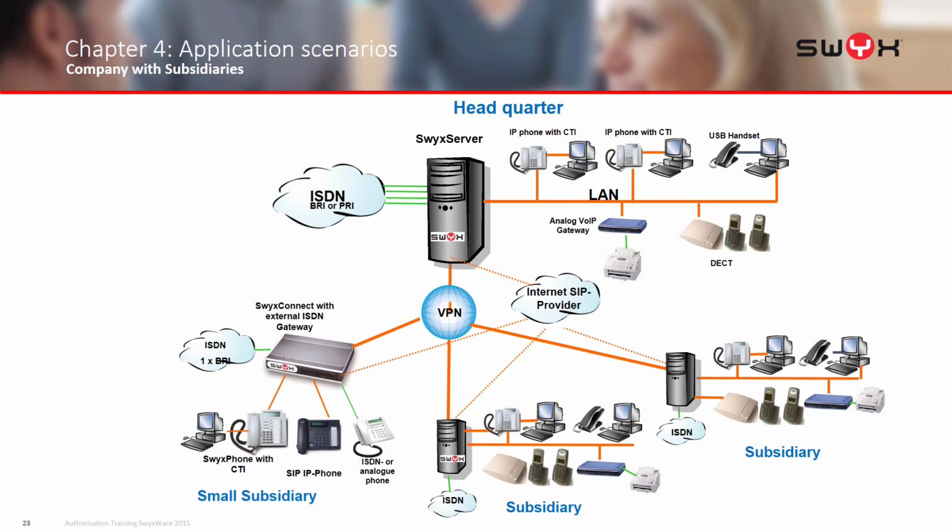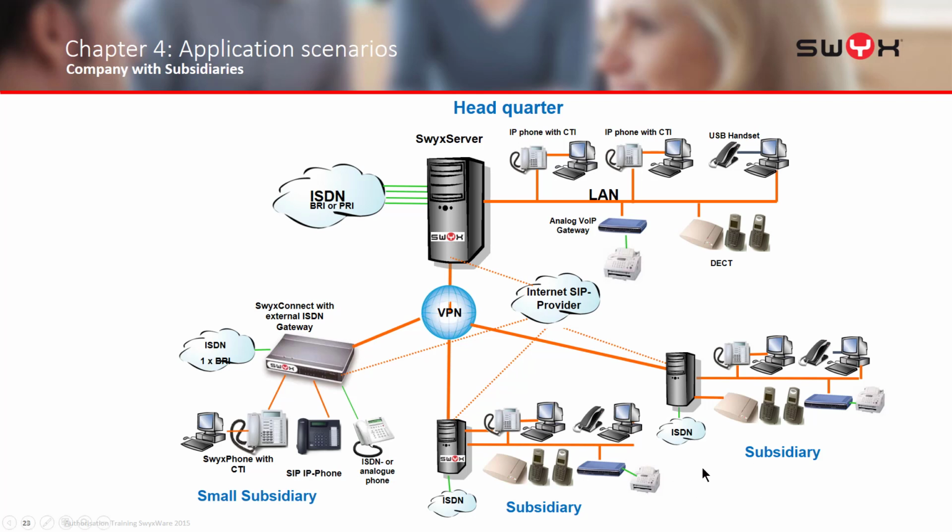So multi-sited Swyx. We can also set it up in such a way that if the wide area network is not capable of supporting voice, lack of bandwidth, for example, I can instruct Swyx still to connect all the sites together and get the transparency of presence, features, etc. Except when they go to dial someone's extension or press someone's extension number, the call won't go over the VPN because it can't support voice.